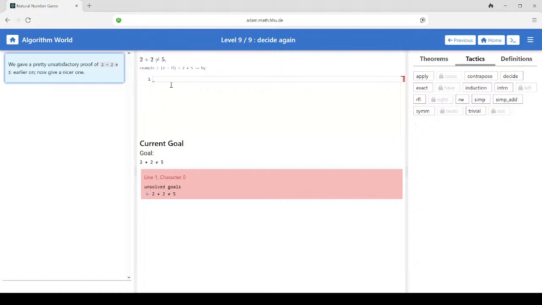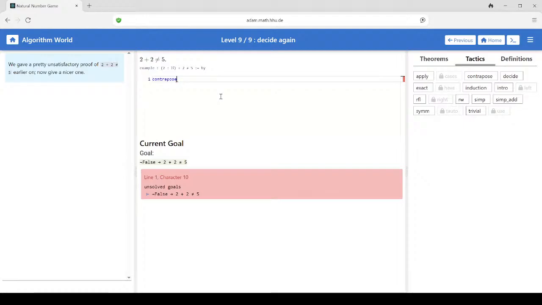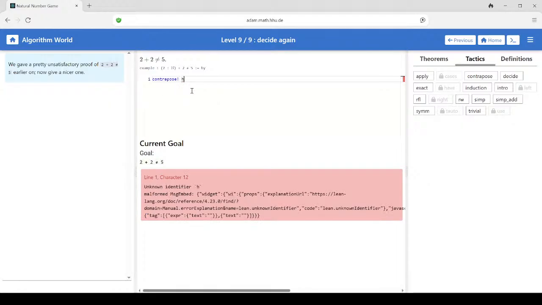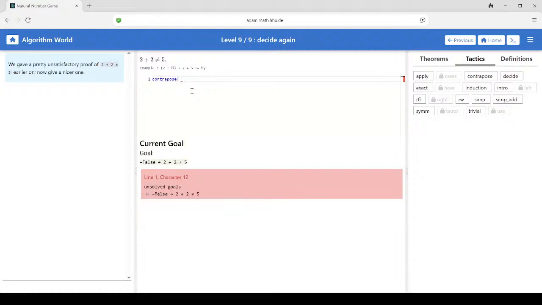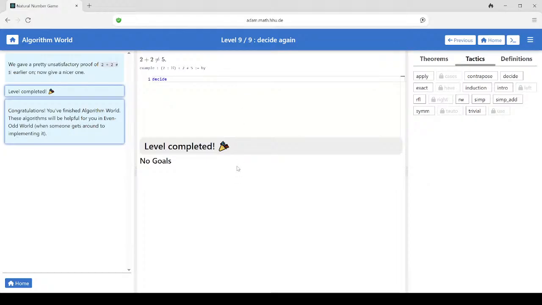What if I mess around? The exclamation point is not doing anything this time. Okay, I'm pretty sure that's all it wants us to do, is decide. Woo, let's go. We just use our algorithm that we got.